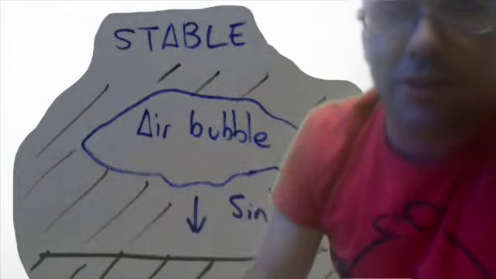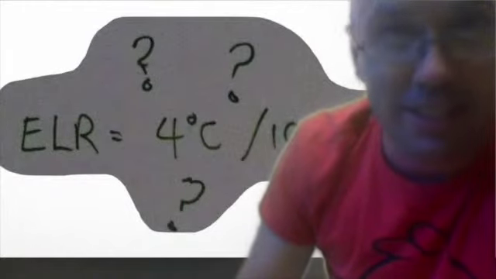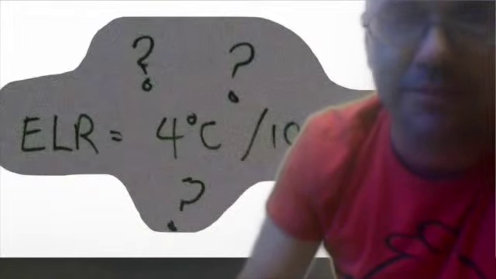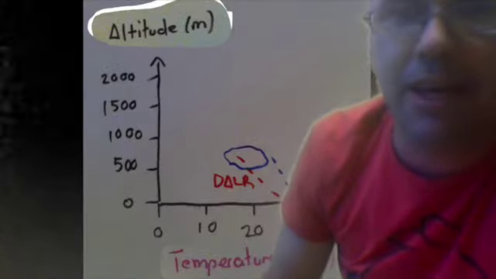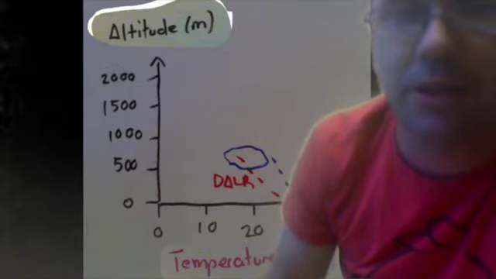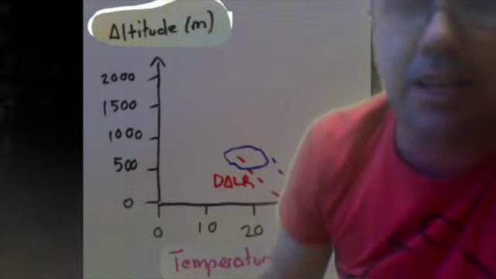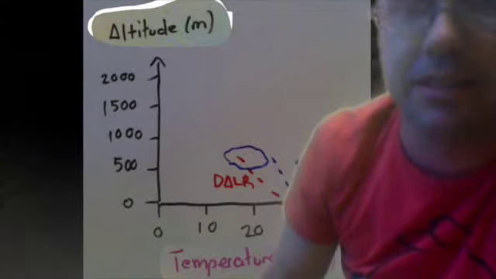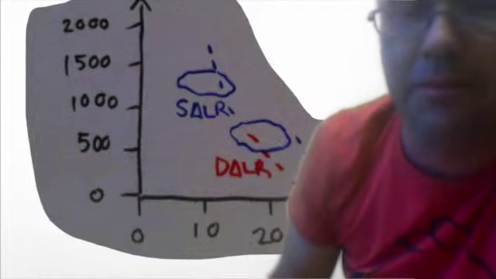Now, because we live in the real world, the environmental lapse rate isn't necessarily a constant 2 degrees every 500 meters. So imagine this situation. You've got a bubble of air that is experiencing adiabatic expansion, and it contains some moisture, and it is ascending and cooling at a rate that ultimately should make it stable.